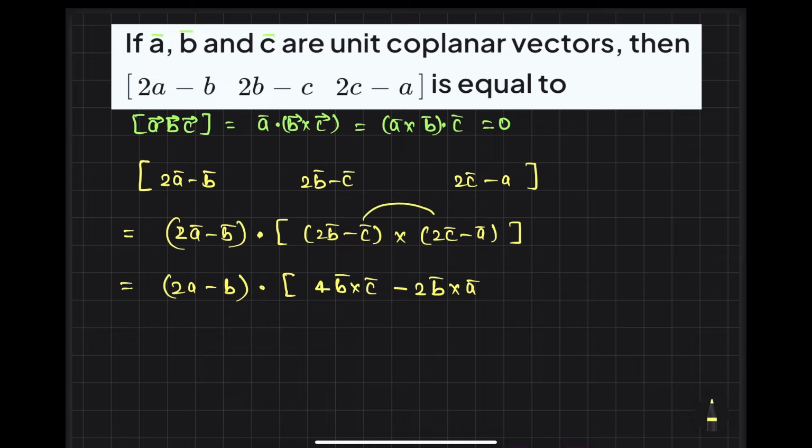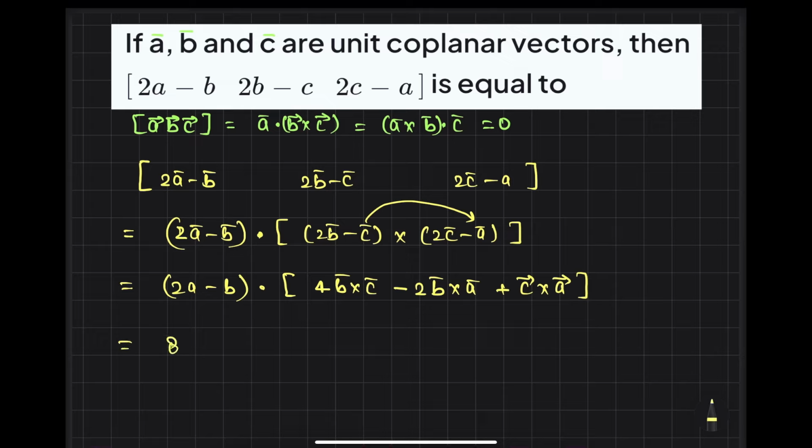Okay, now we will go with this. So c cross c will become 0 because the angle between them is 0. Then we have plus c cross a. If you'll observe, it is b cross c, a cross b, c cross a, so all are different. Now let's open this bracket again.